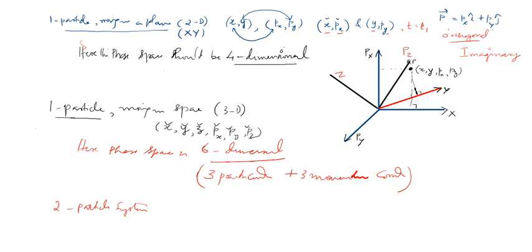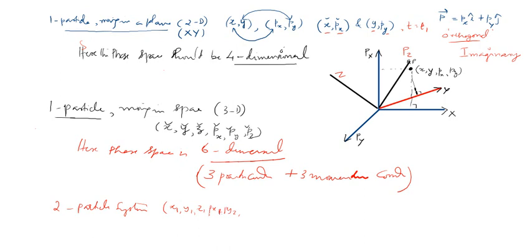For the first particle, moving in 3-dimensional space, I will have x1, y1, z1, then the momenta px1, py1, pz1.